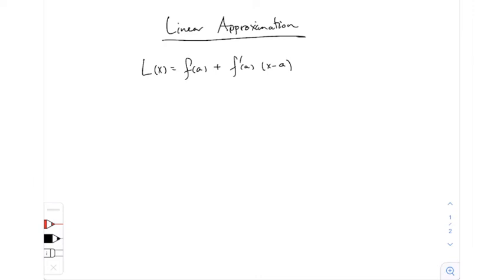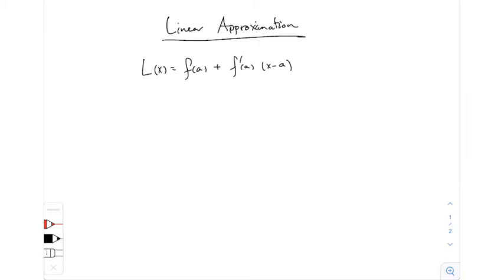The linear approximation is what we're going to continue this time. I wasn't sure if anybody was paying attention last time, so I'll give you a little refresher. This is the formula for the linear approximation.